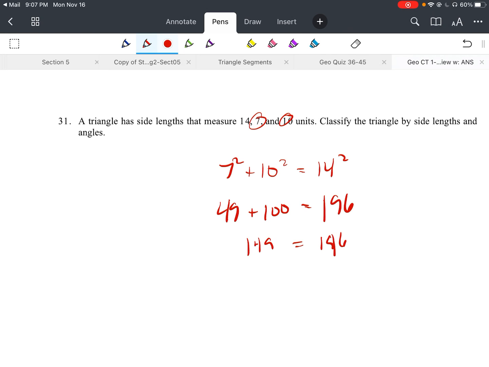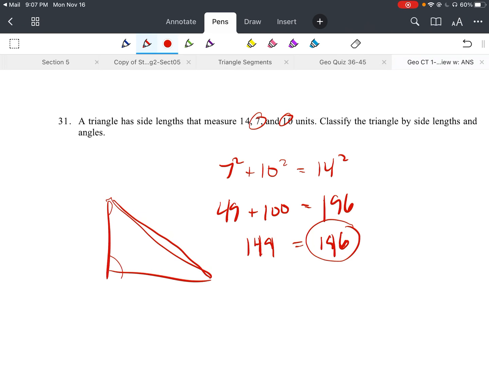So this is 149 equal to 196. So all we've really ruled out is that it's not a right triangle. But notice how the hypotenuse is too long when I square it. So if it's a longer hypotenuse, that means when I have my right triangle, this side was too long, so it opened up more than 90 degrees, and therefore it's obtuse.